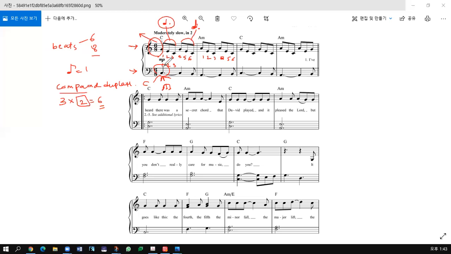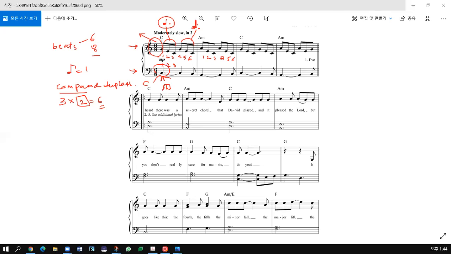Meanwhile, your right hand is going to play G, E, C, G, E, C. Each eighth note gets 1 beat. So dun, din, dun, dun, din, dun. Like 1, 2, 3, 4, 5, 6. Or you can count 1, 2, 1, 2, 1, 2, 1, 2. That's why that is duple.